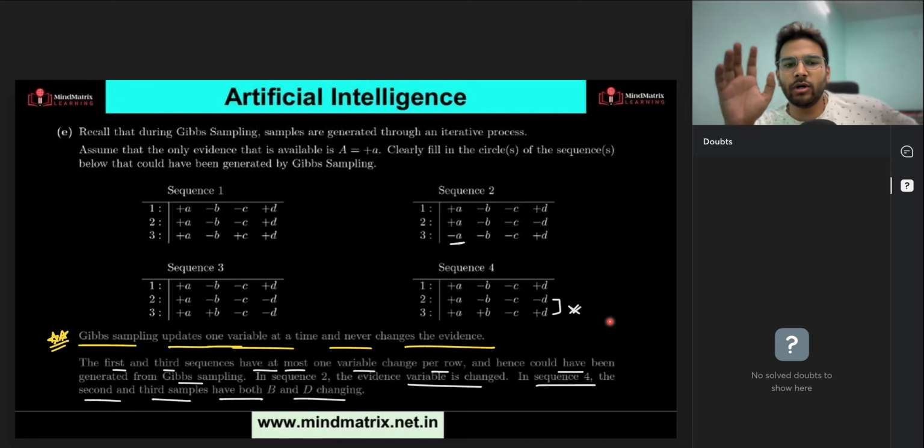Your uncertainty module is completely over. Manjunath, you asked for that variable elimination algorithm question, right? Let me tell you one thing. In the lecture also, I told you that they are not going to ask you a question entirely on variable elimination. What they may ask is, they may provide you a factor, that CPT for a factor, or maybe for two factors.